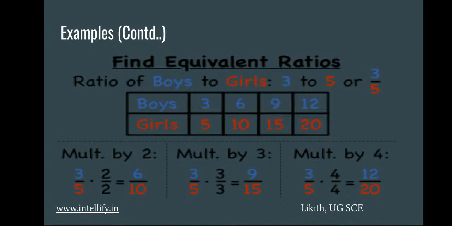That is 3 into 4 divided by 5 into 4, which is 12 by 20. So the ratios of boys are 3, 6, 9, 12, to the girls are 5, 10, 15 and 20.